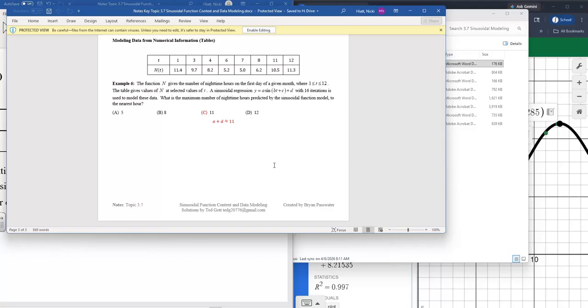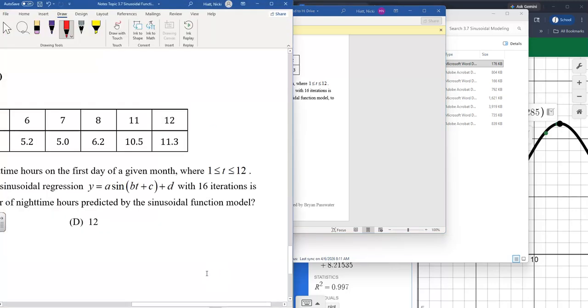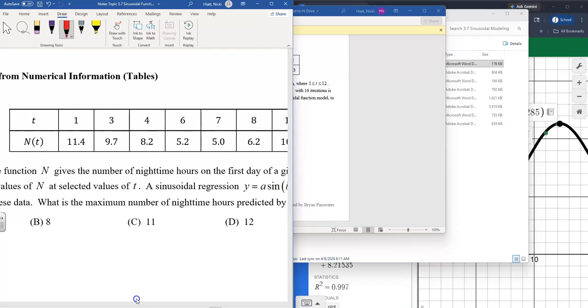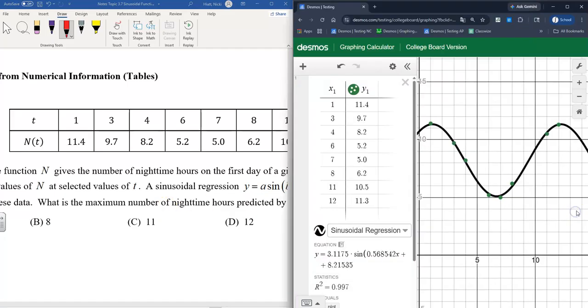And he says A plus D, but I think he just rounds down, but I don't love this question. I would either give more decimals as the answer or give more specific directions in whether or not to round down or up here for that. So he says 11 for that.